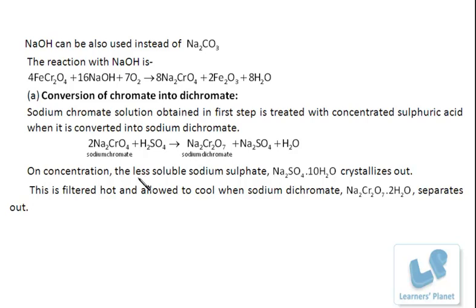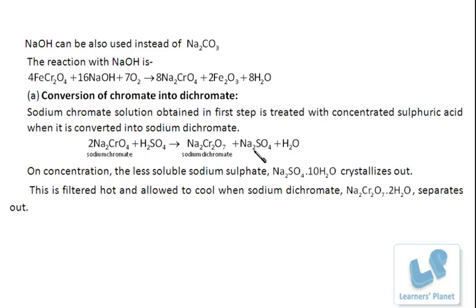When it is concentrated, the less soluble sodium sulfate crystallizes out. Sodium sulfate is less soluble as compared to sodium dichromate. In the presence of acid, chromate gets converted to dichromate. Chromate is yellow in color and dichromate is orange in color.